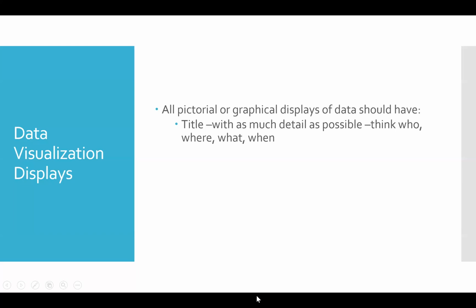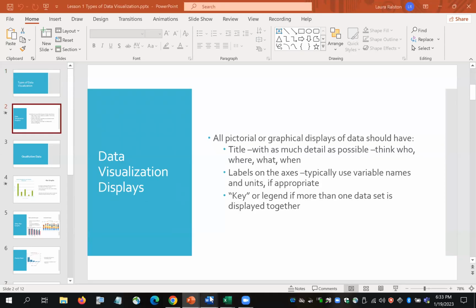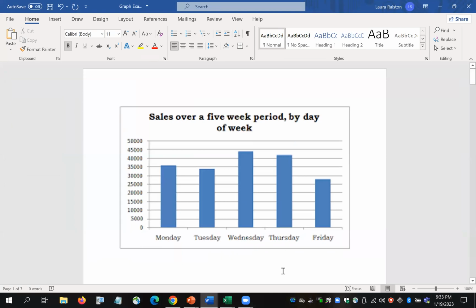Okay, for example, let me go over some examples that I pulled off the internet. In some cases, they're good examples, and in some cases, they're not. This particular one says sales over a 5-week period, day by day. So they looked at the sales that happened on a Monday for 5 different Mondays. That's really what they're saying.